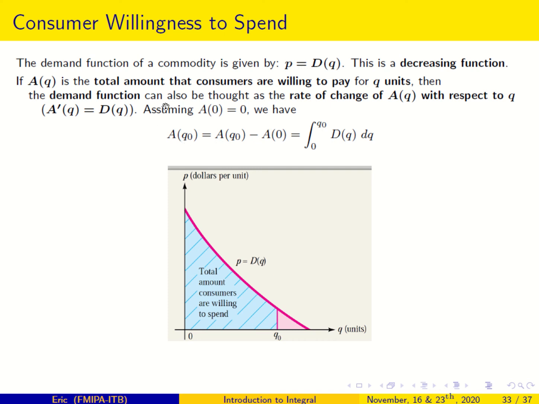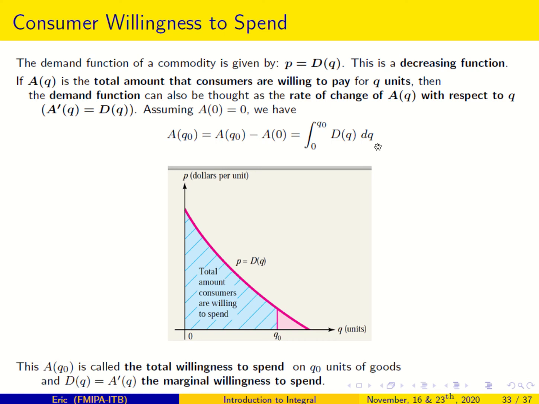So A(Q0), the total amount that consumers are willing to pay for Q0 units, is the integral from 0 to Q0 of d(Q). We usually call A(Q0) the total willingness to spend on Q0 units of goods, and d(Q) the marginal willingness to spend.